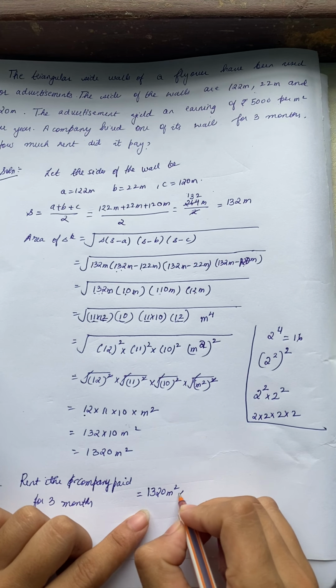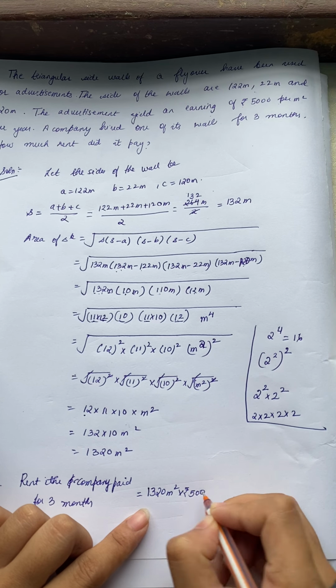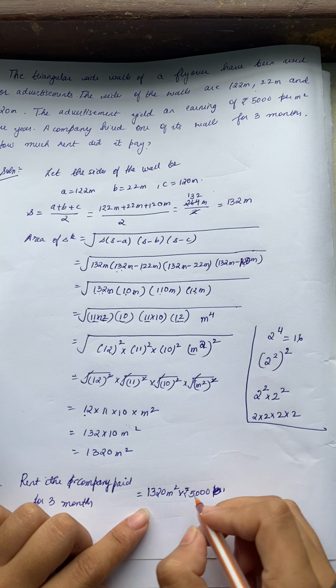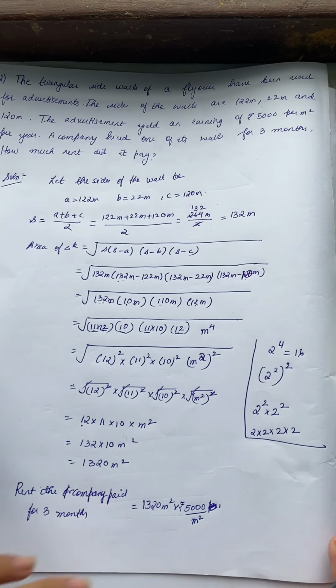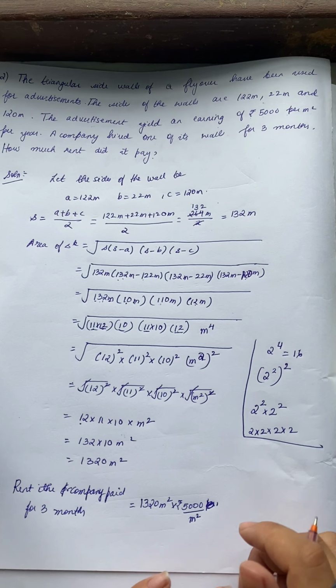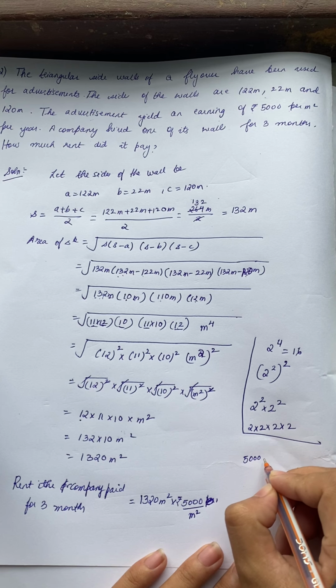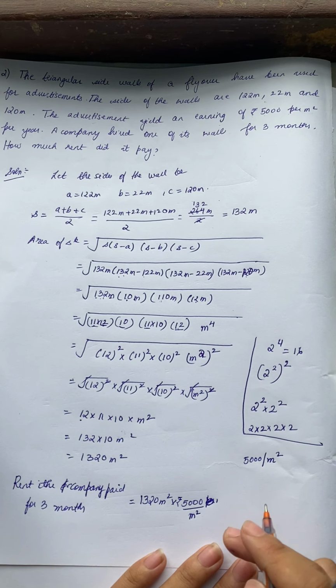So we have to multiply this with rupees 5,000 per meter square. What is per meter square? I can write this as divided by meter square. All right, clear with this? Meter per meter square actually refers to this. We write this like this. Meter square goes down.